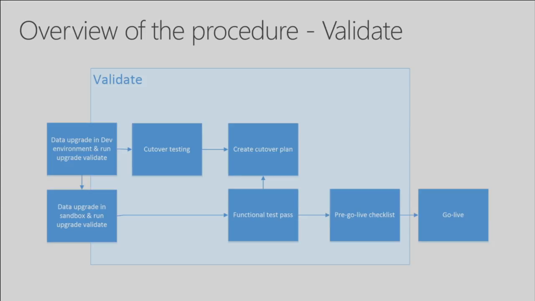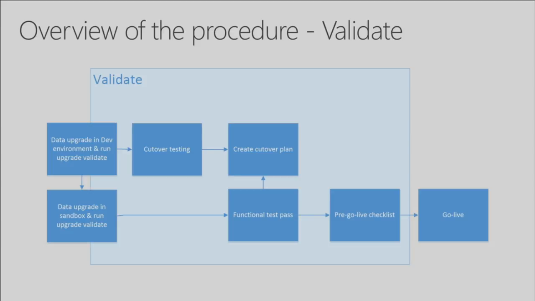So once you get to the validate phase, this is an overview of it. You're doing your data upgrade in a development and a sandbox. That's a part of both execute and validate. And then you start doing the cutover testing. As you know, the cutover is the process of moving data from a legacy system to a new system, including configurations on the new system.